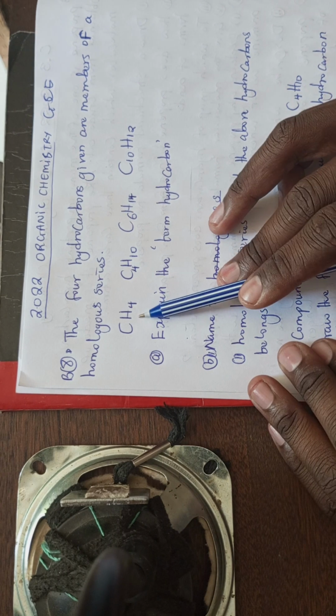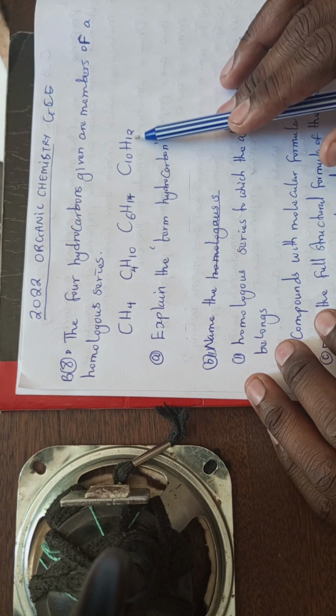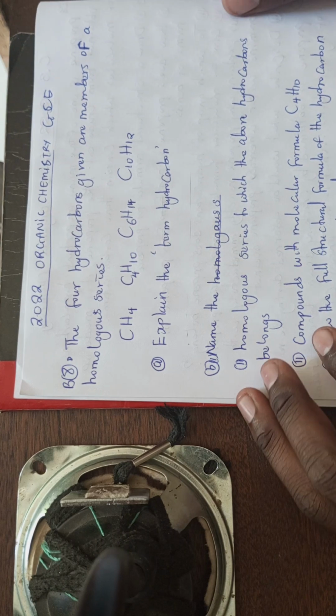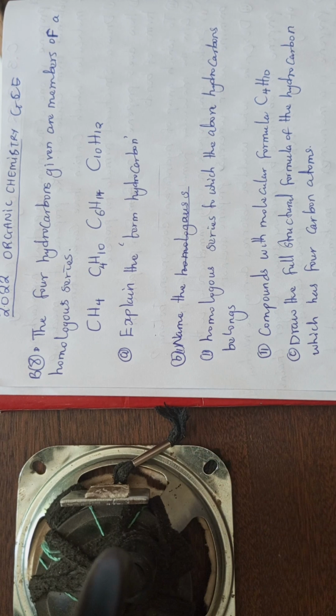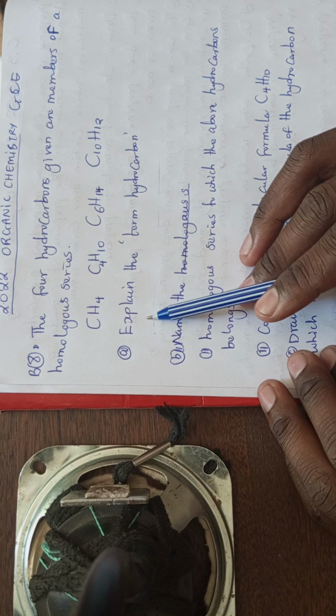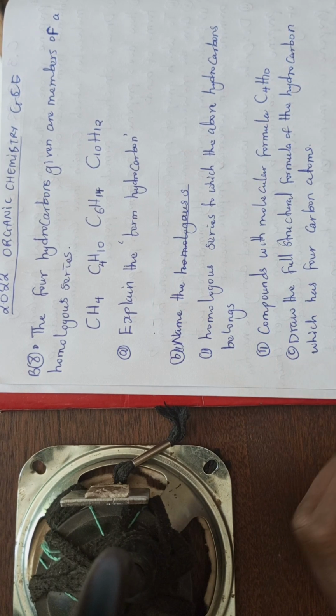So I've got this hydrocarbon, this, that, and this one. These are hydrocarbons which have been given for a particular homologous series. The first question says, explain the term hydrocarbons.